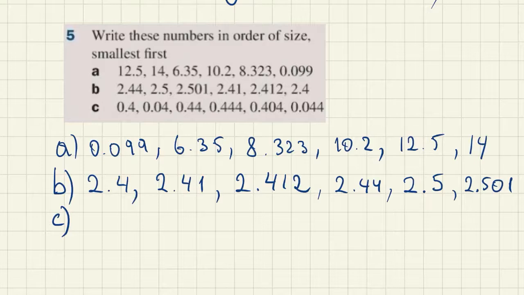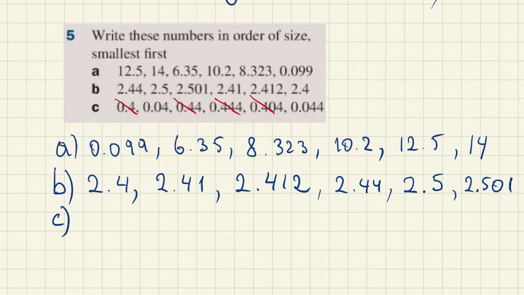If you look at the tenths, we have 0.4, so 4, and the rest of them have 4 also, so they are on the bigger side, definitely. So for now we're going to exclude them. We want to find the absolute smallest number first.